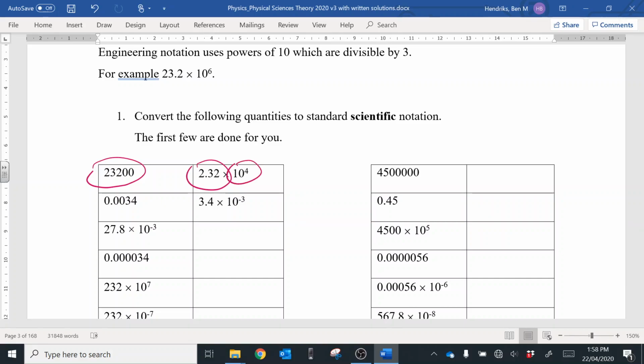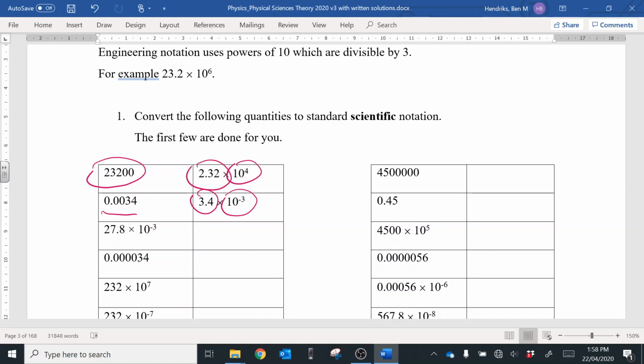If we now look at the second one, we have 3.4 times 10 to the negative 3, and that was originally expressed as 0.0034. So if we look at 3.4, how do we get back to 0.0034? Well, we'd have to divide 3.4 by 1,000, and that's expressed as times 10 to the negative 3.